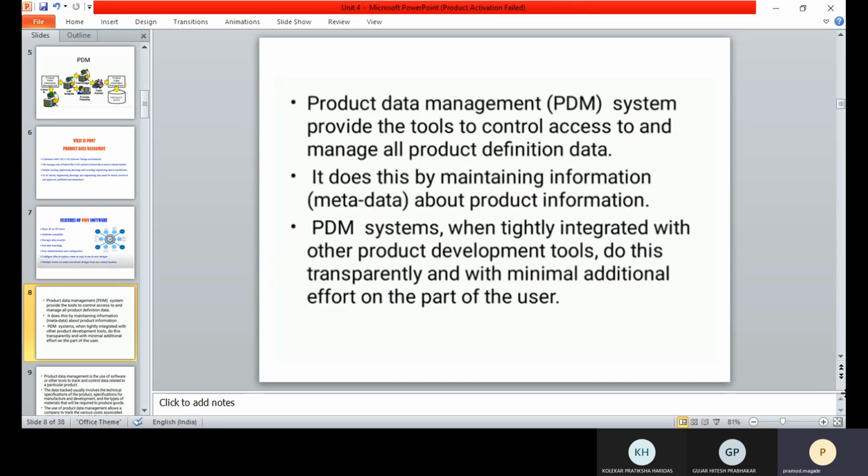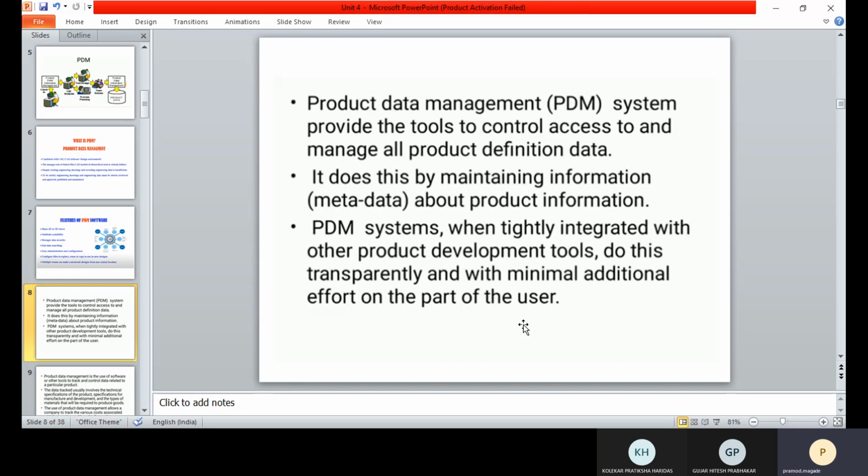Now the PDM system is mentioned here also: when tightly integrated with the other product development tools, it does this transparently and with minimum additional effort on the part of the user. Of course, it is not like that. Suppose an M8 bolt is required in the organization because an M8 bolt fails at the time of working.